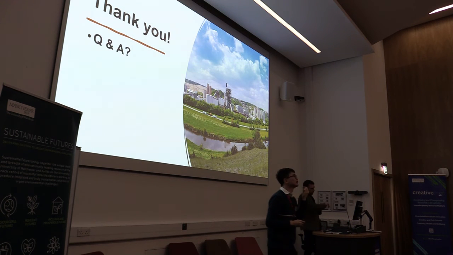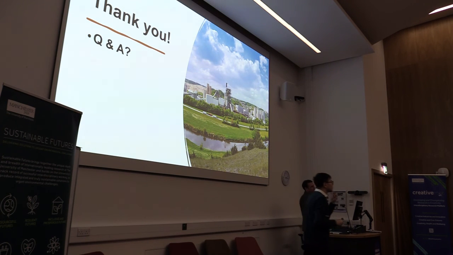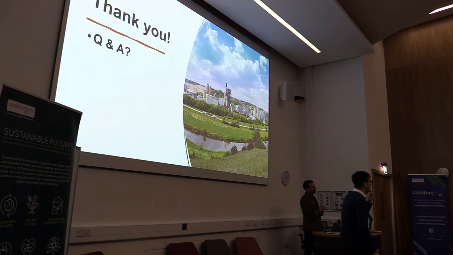We have time. Yeah. I was wondering, you talked about environmental impacts and the carbon emissions associated with that. From Nicholas's and Lois's presentations, we saw that environmental impact isn't just the carbon emissions. So I was wondering if you'd had a look at any of the other environmental impacts from this process.